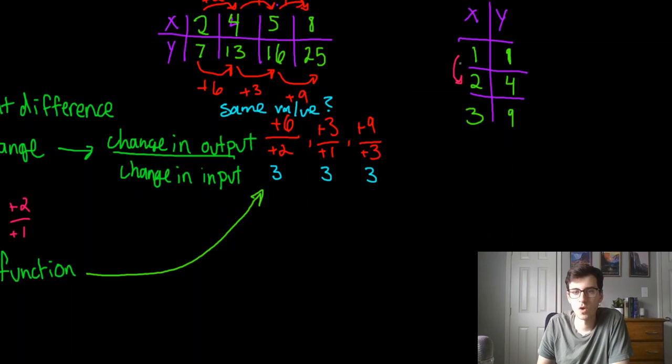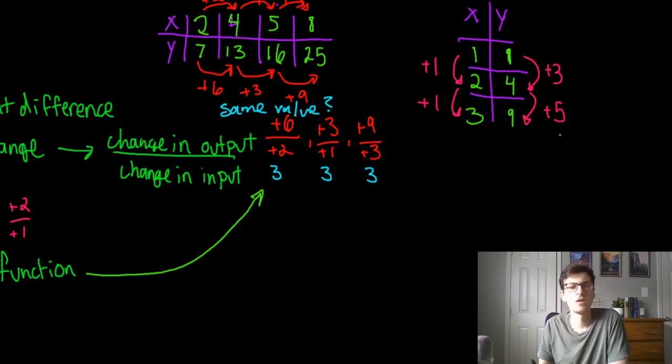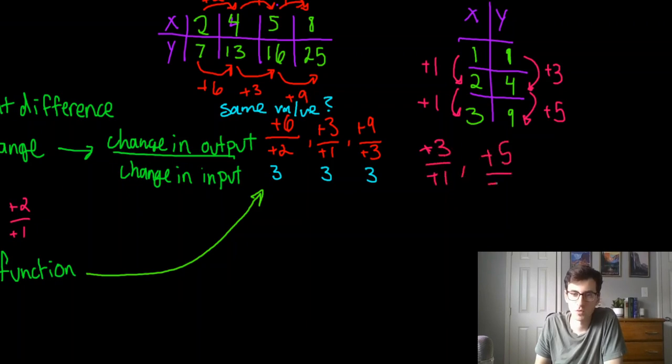Here, 1 to 2, that's +1. Here, that's +1. From 1 to 4, that's +3. From 4 to 9, that's +5. So when I'm increasing the input by 1, the first time my output increases by 3, but the second time it increases by 5. So I don't have a constant rate of change, right? That's +3 over +1 and +5 over +1.